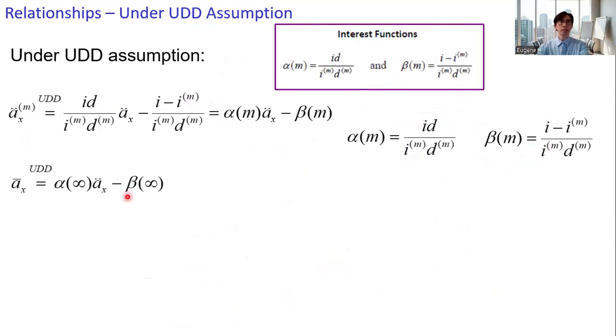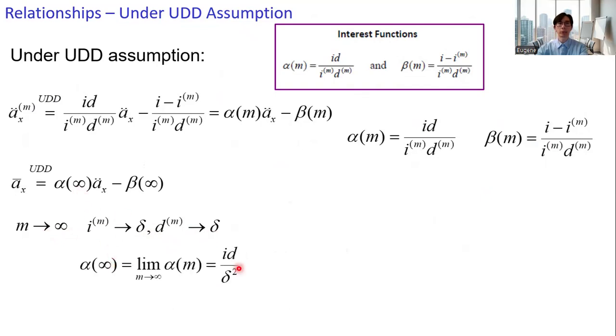For the continuous case, we have a similar relationship. We simply replace m with infinity. As m approaches infinity, the nominal rates i^(m) and d^(m) approach delta. And therefore, we have alpha(infinity) equals i d over delta squared, and beta(infinity) equals (i minus delta) over delta squared.